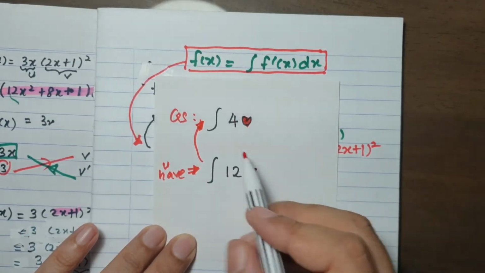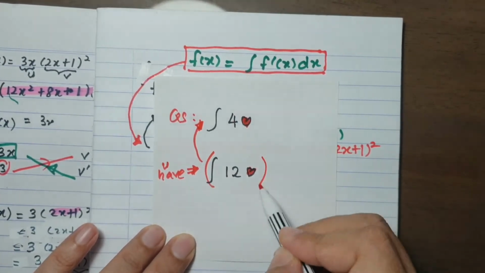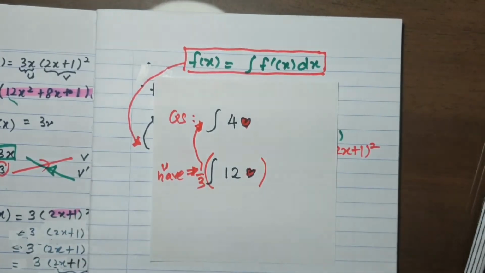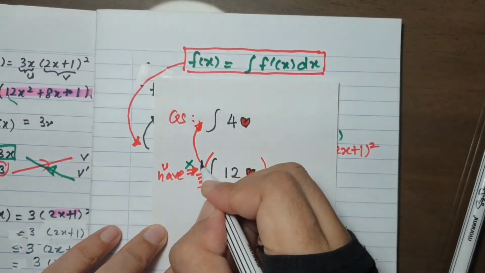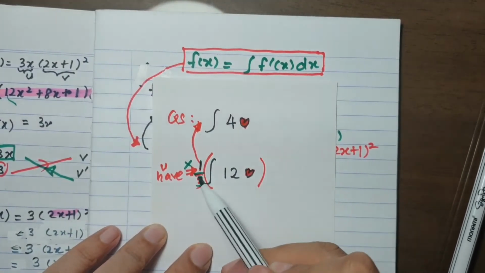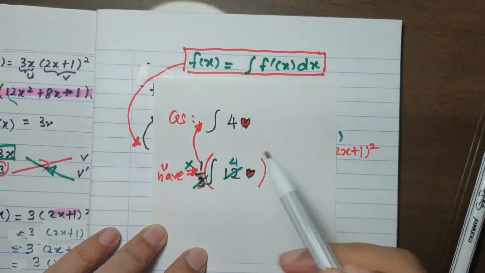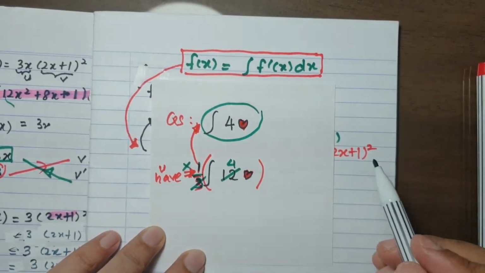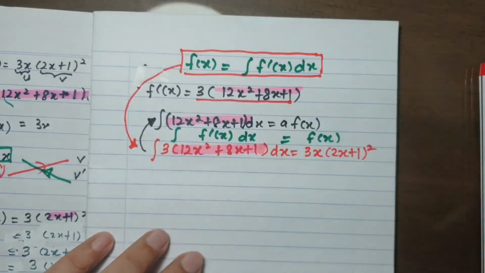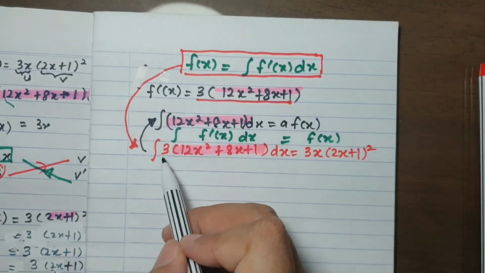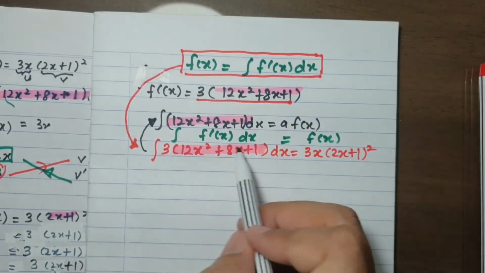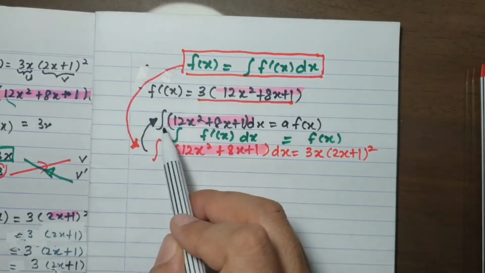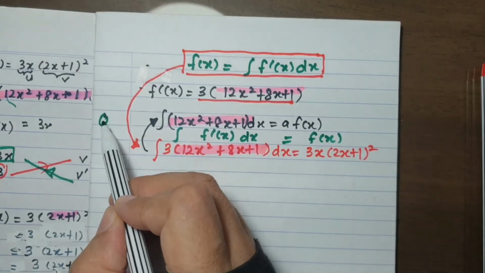Using 12 apples, how to make it 4 apples? Of course, you need to times this function, you need to times 1 over 3. Right? So after you times 1 over 3, this one becomes 4. So now it's the same like this. Right. So now here we have this one and this one is the same. But now we want to make it the same like this, right? Because this is the question.